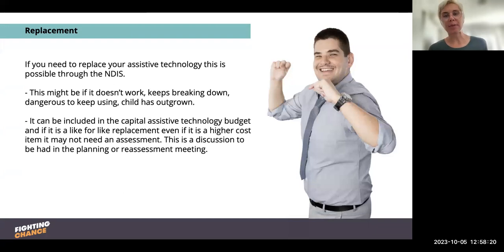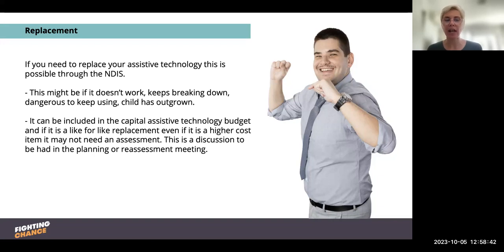And then replacement. So the NDIA, like I said at the start, will replace items. This might be if it doesn't work, keeps breaking down, is dangerous to keep using, or a child, or someone, it can be an adult as well, has outgrown it. It can be included in the capital assistive technology budget.